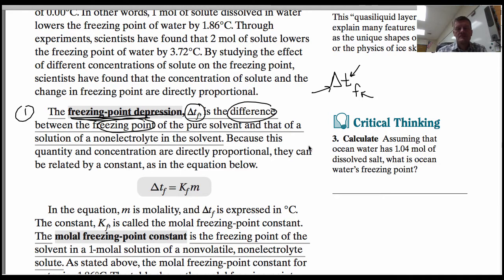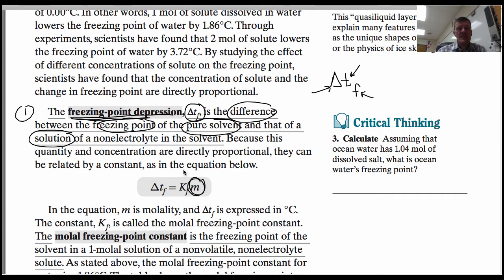Okay? So that's the difference between the pure water and when you have a solution, when you put salt in it or sugar, something like that. And what does it depend on? Remember, all of these colligative properties depend on what? Concentration. So that is molal, small m right here.